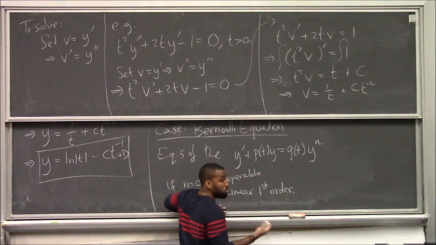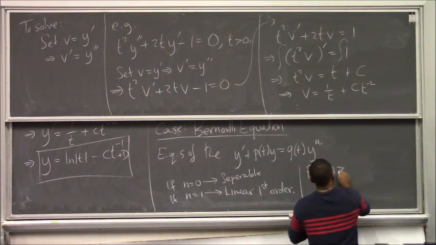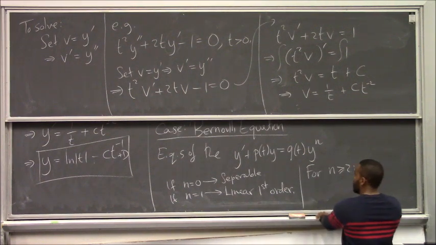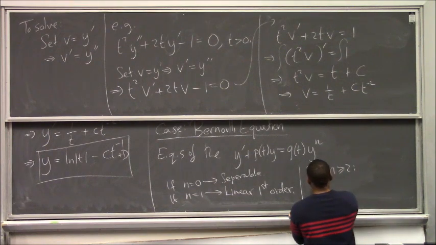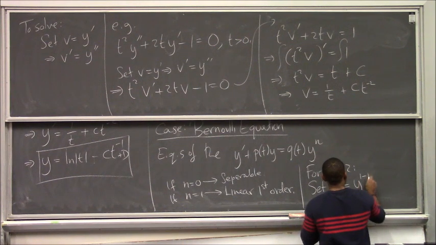Interesting things happen beyond that. For n greater than or equal to 2, here's what we do instead. We use a change of variable. We set v equal to y to the 1 minus n.